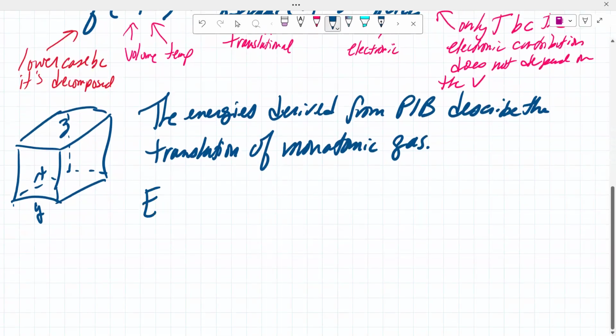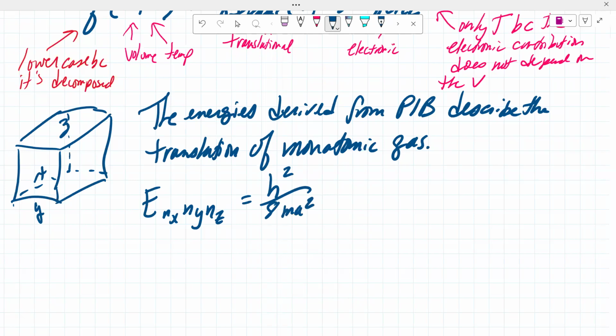So the energy for nx, ny, nz equals h squared over 8ma squared times nx squared plus ny squared plus nz squared.